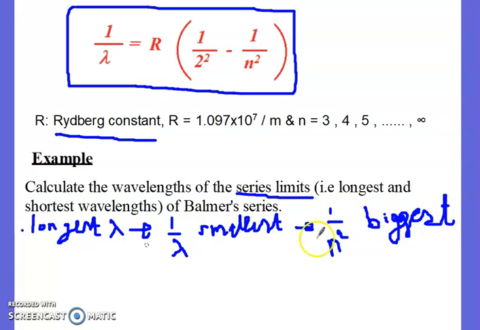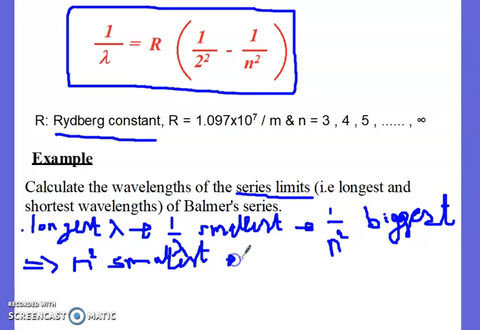But 1 over n squared biggest implies n squared what? Because inversely proportional, smallest number. Right? What is the smallest value of n? n equals what? 3.